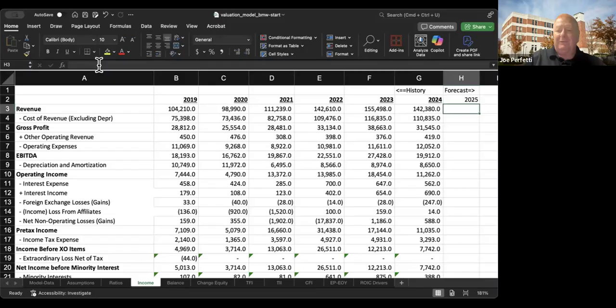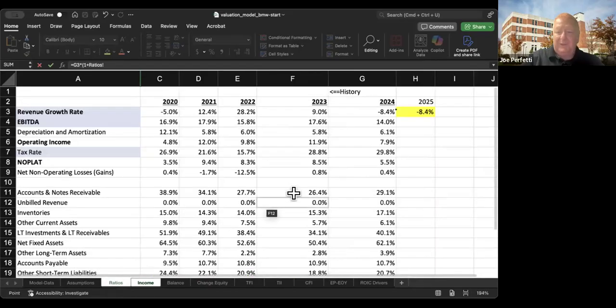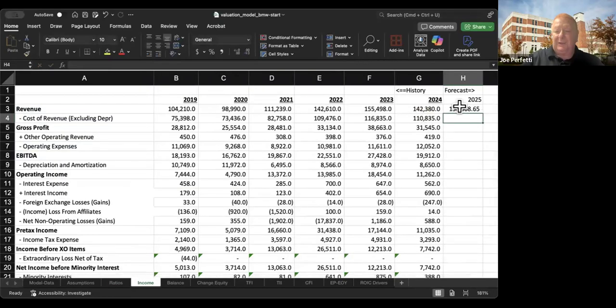And now I'm ready to do my revenue forecast in euros for BMW in 2025. So it's just revenue times the percentage change in revenue. Equals G3, last year's revenue, times left parenthesis, 1 plus, and then go to the ratios tab, H3, which is the 2025 revenue growth rate, right parenthesis, enter.